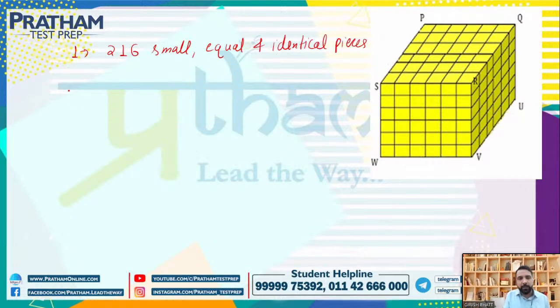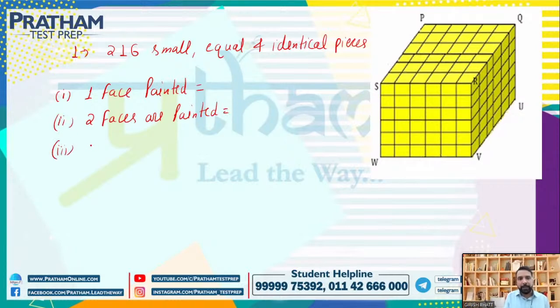So tell me, question number 1, one face is painted. How many small cubes are there whose one face is painted? Second question, 2 faces are painted. Yes, everyone try to answer. Third question is, exactly 3 faces are painted.